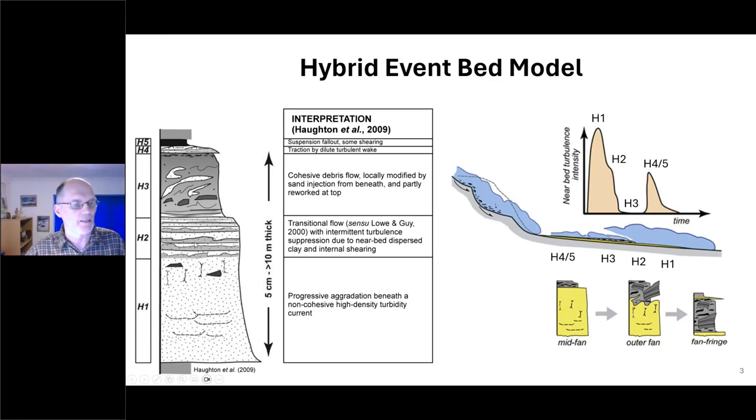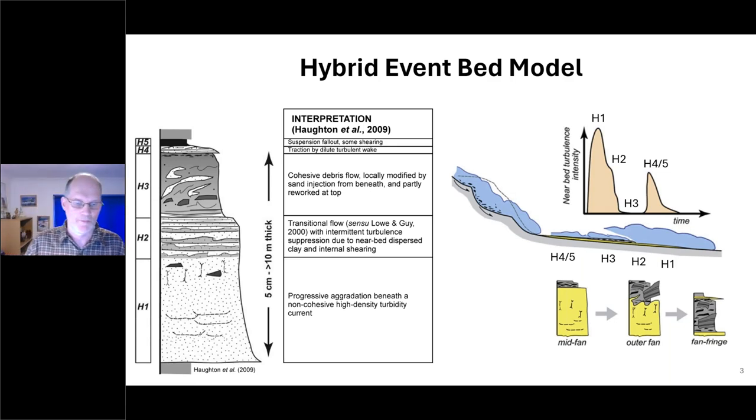H2 has alternating bands of sand and mud associated with intermittent near-bed turbulence suppression due to the presence of cohesive clay. H3 consists of chaotically mixed sand and mud formed by a cohesive debris flow updip of the high-density turbidity current, and H4 and H5 are essentially a Bouma sequence generated by a low-density turbidity current in the turbulent wake of the hybrid event.